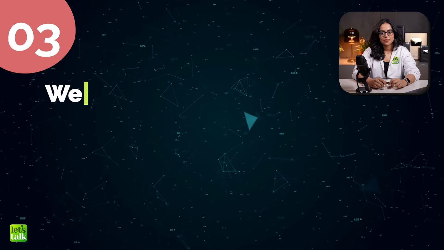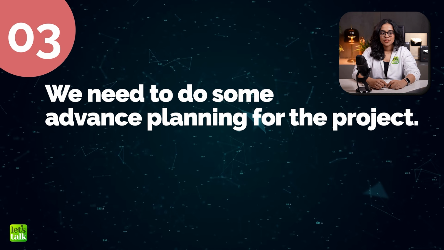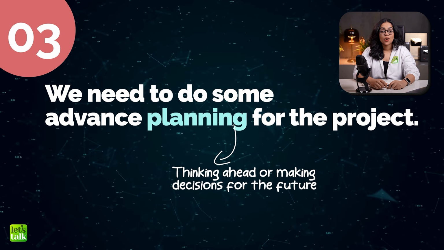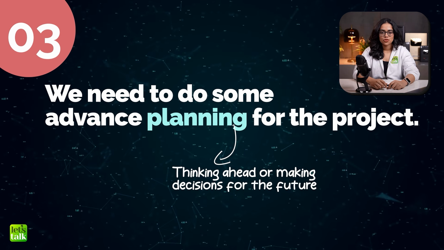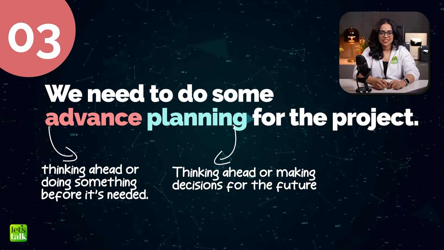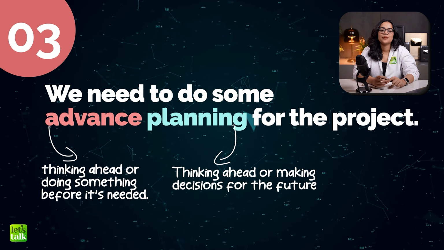Here's the next one. We need to do some advanced planning for the project. Now planning means thinking ahead or making decisions about what to do in the future. And advance also means thinking ahead or doing something before it's needed.